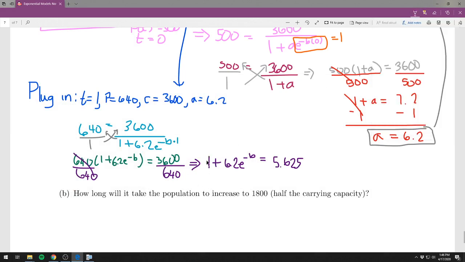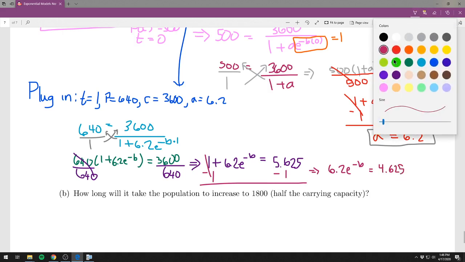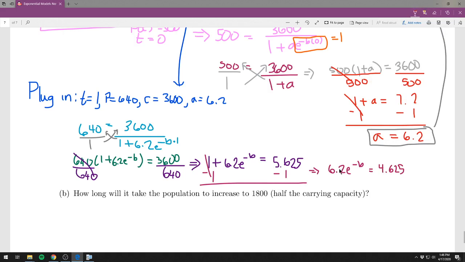Right, now we get the exponential part by itself. We subtract the 1. Subtracting 1 here is pretty nice because of the decimal. We got 6.2 e to the negative b equals 4.625. Then we divide by the 6.2.